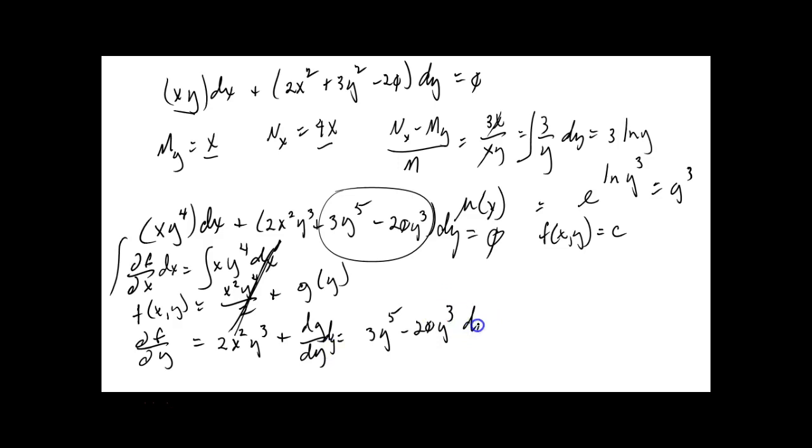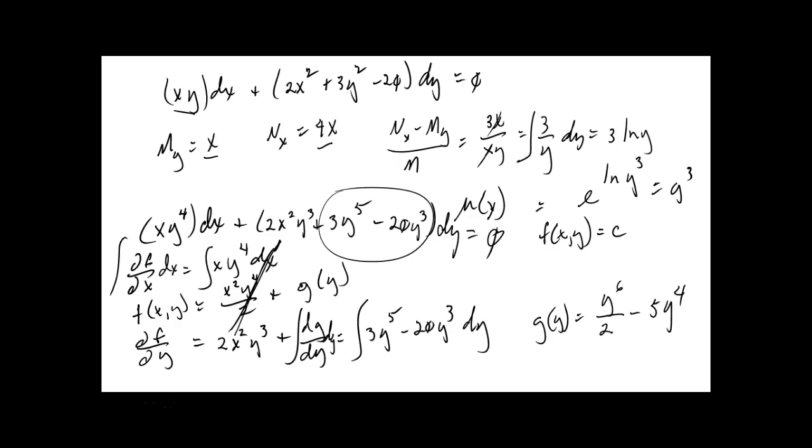Multiply by dy and integrate. This just gives us g. And what does that give us? y to the 6th over 2 minus 5y to the 4th. You can put a constant after it if you want to, or wait and do that later.